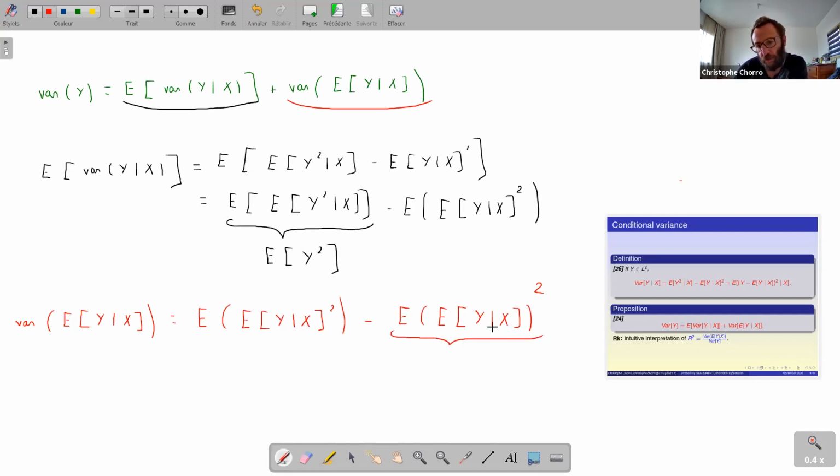I know that the expectation of the conditional expectation is the expectation of y, and I have the square here. And you see that when I do the sum of these two quantities, there is a simplification, and I obtain the expectation of y squared minus the expectation of y, squared. So I have proved my proposition 24.